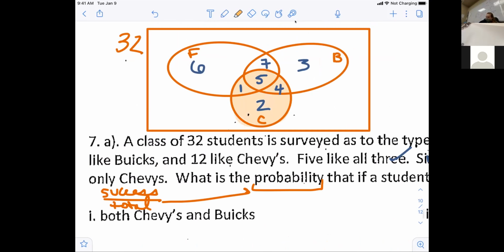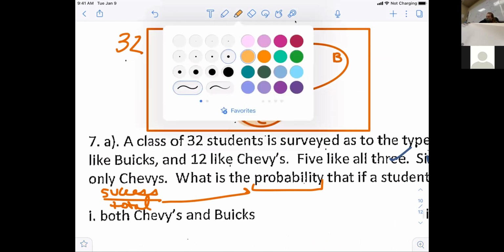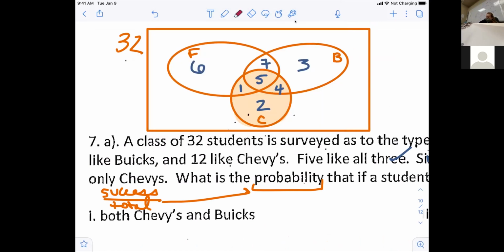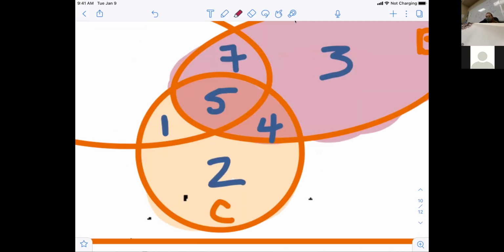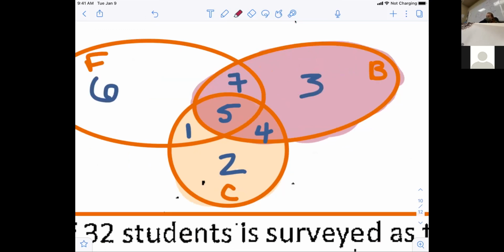The reason I'm physically shading is because I think that helps me keep it straight, because I want anything that's in both of those circles. And what am I going to add together to get that? Or how many are in both circles? Nine, 5, and 4. Everyone okay with that?